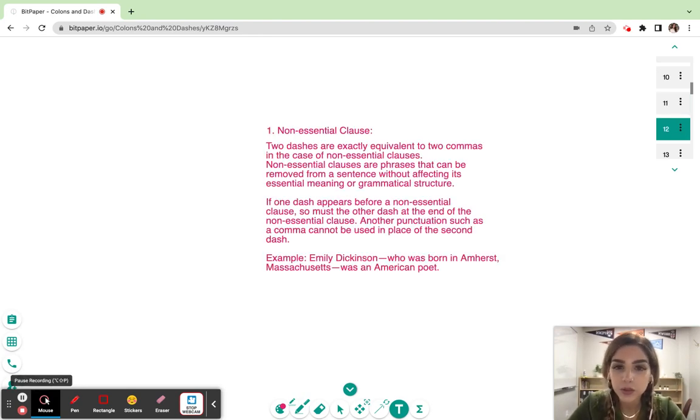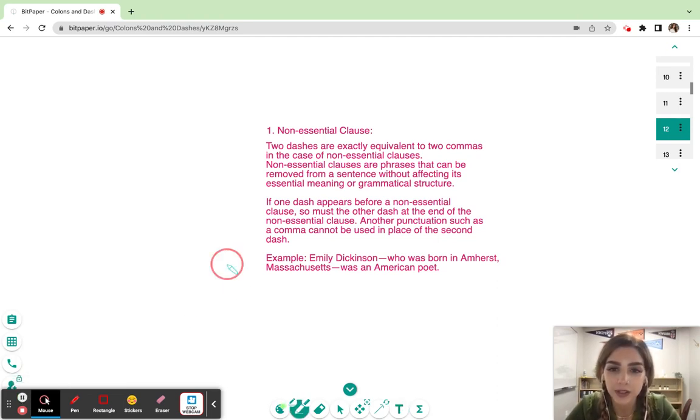To use a dash to set off a non-essential clause, the main thing that you want to keep in mind is that two dashes are exactly equivalent to two commas in the case of non-essential clauses. Non-essential clauses, by the way, are phrases that can be removed from a sentence without affecting its essential meaning or grammatical structure.